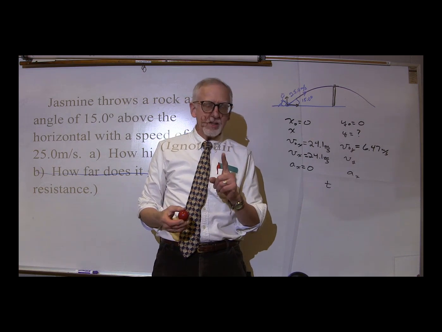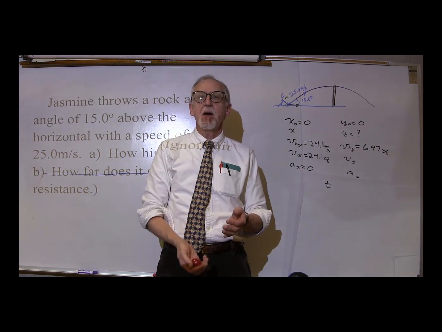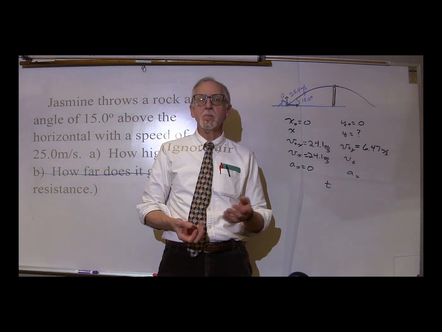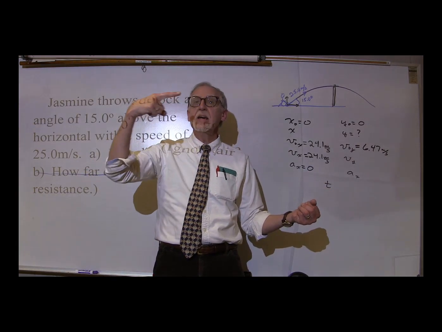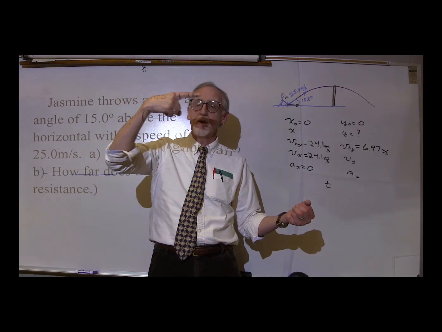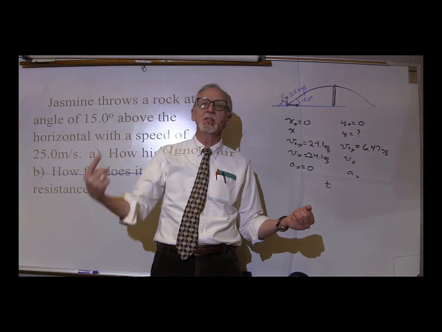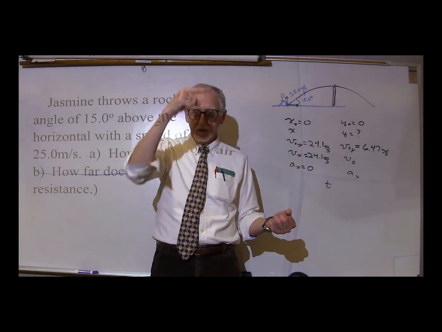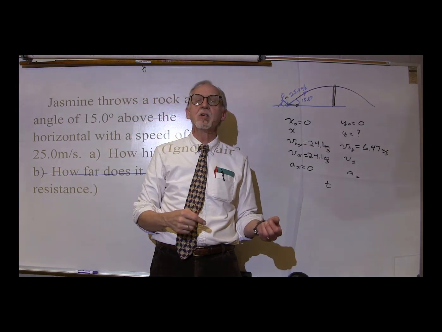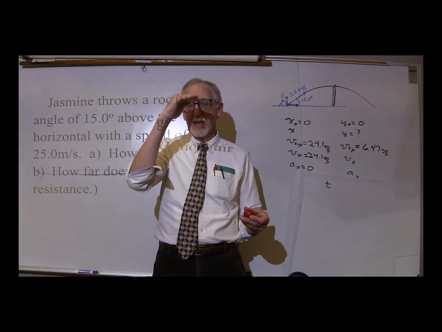It's not when the ball is stationary. That was something that happened when we had one-dimensional motion. In two-dimensional motion, it's still moving. It's still maintaining a horizontal velocity, which is constant throughout the entire motion. But the velocity in the y direction, that's what is zero at the peak.